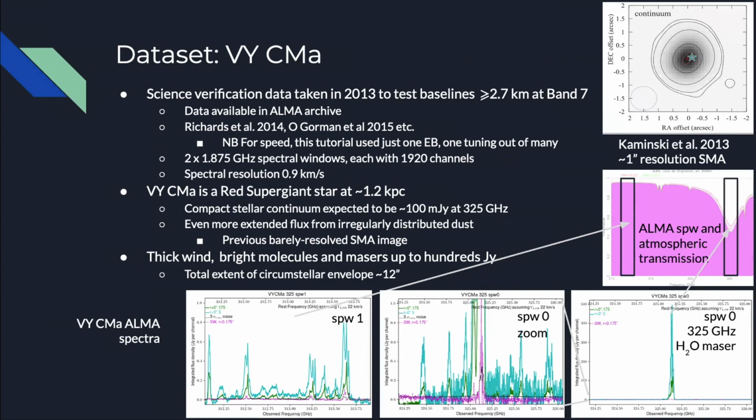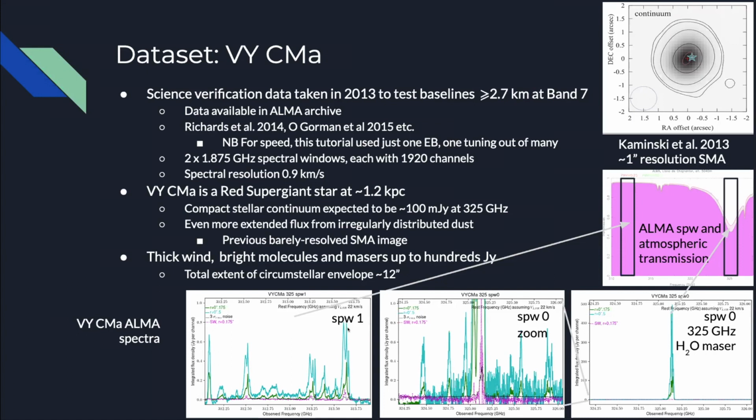BY CMa is a strong continuum source, and it was observed in band 7 using two spectral windows, spectral window 0 and spectral window 1. You can see that in spectral window 0 there is the detection of the water maser line at 325 GHz. That is the frequency of the transition. But in the continuum, in the baseline of the spectra, you can see that there is also detection of thermal lines.